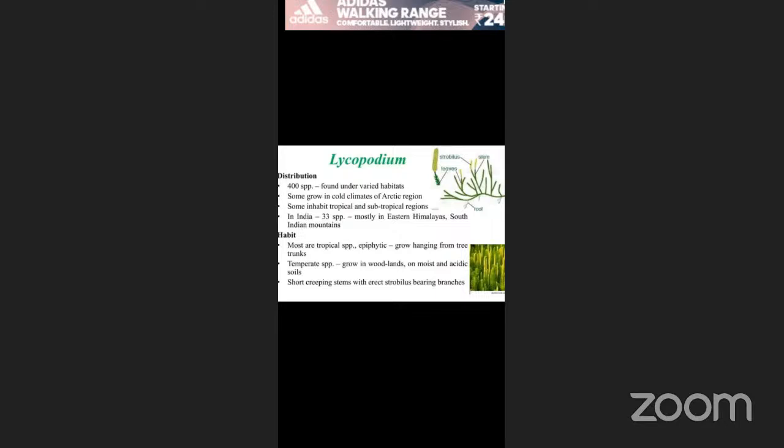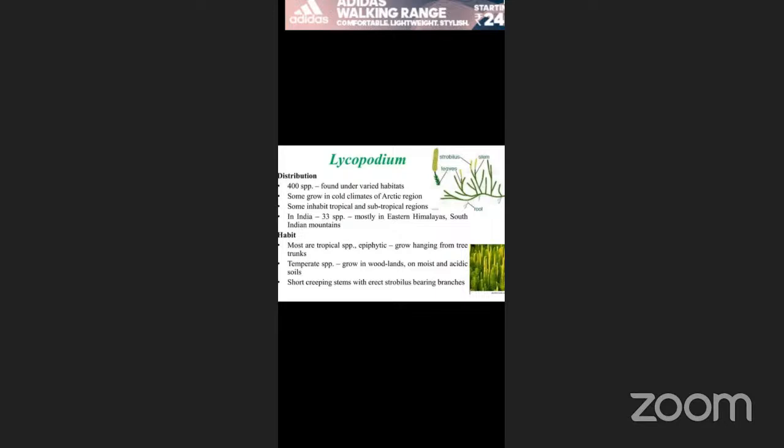Monopodial like structure appears, and a very advanced and advantageous root system is present in this Lycopodium.